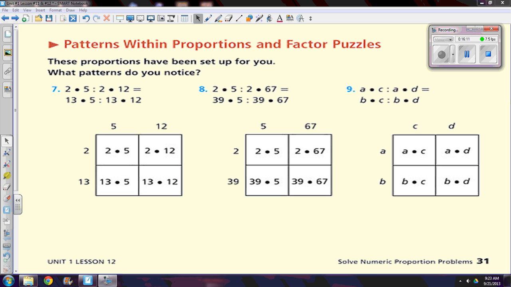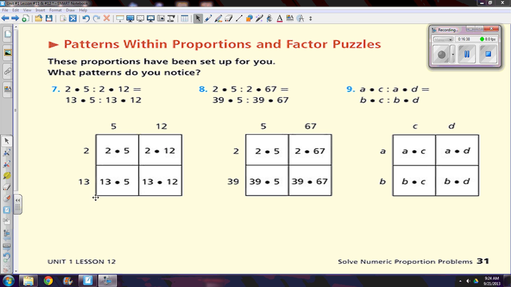On page 31, let's take a look at this. It says patterns within proportions and factor puzzles. These proportions have been set up for you. What patterns do you notice? So they want you to look at the pattern now. All really they're doing is just breaking it down. 2 times 5, 2 times 5, and then the dot represents multiplication. 2 times 12, and so on.